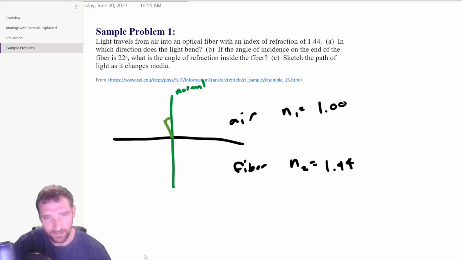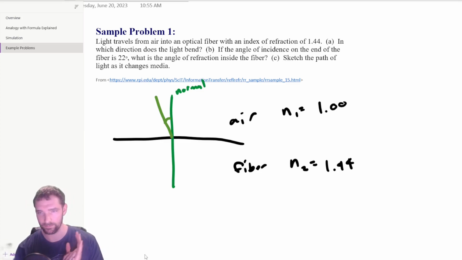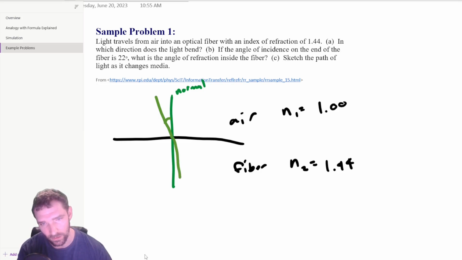I'm just doing a little estimation like that. And we can imagine the car coming in, going from something with less density to more density. So it's hitting something and getting slowed down a little bit. So I'm thinking that this is going to be turned a little bit so this angle is even smaller.